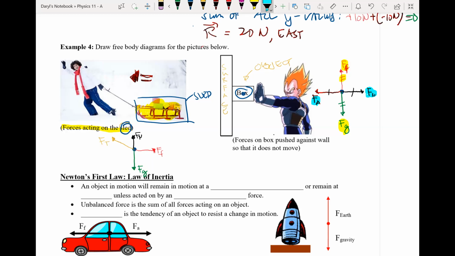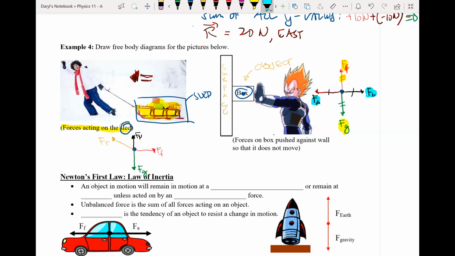So are there any questions with this one here? It takes time to actually familiarize yourself with these things. I know that, but this is the first step. You need to know how to draw free body diagrams to be successful with dynamics.